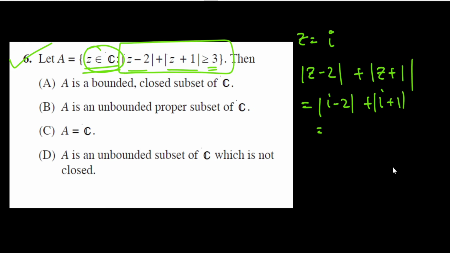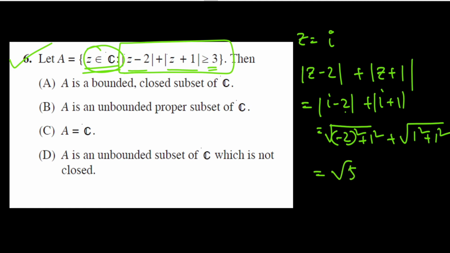This gives root under of (x minus 2) whole square plus y square, which is root under 2 square plus 1 square, plus root under 1 square plus 1 square, and this is equal to root 5 plus root 2, which is greater than or equal to 3.